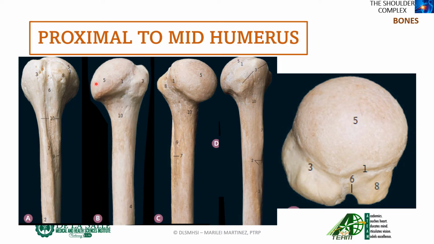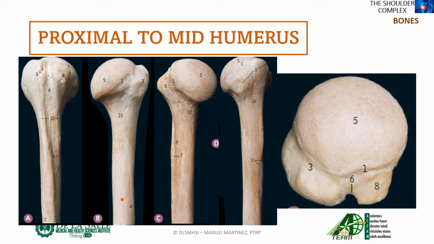Then we also have the surgical neck. It is called the surgical neck because it's prone to fracture. It connects the proximal or upper humerus to the shaft of the humerus.